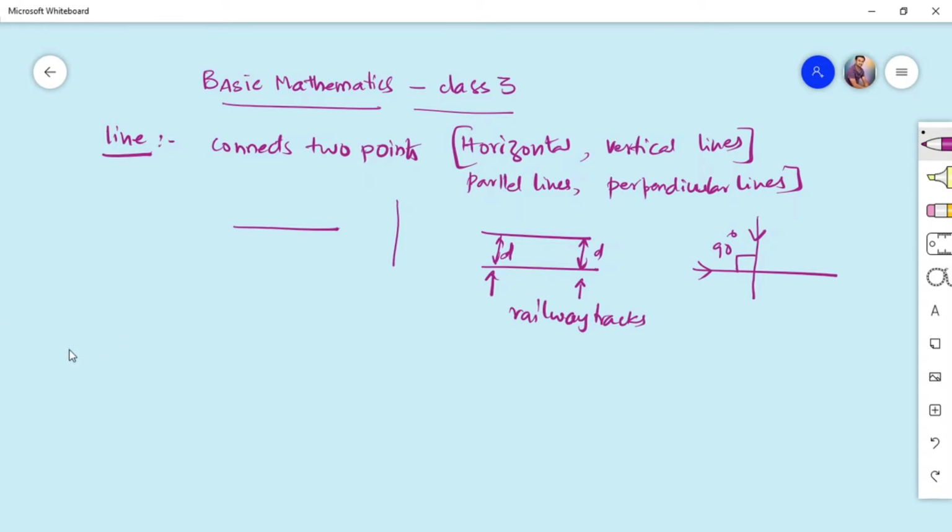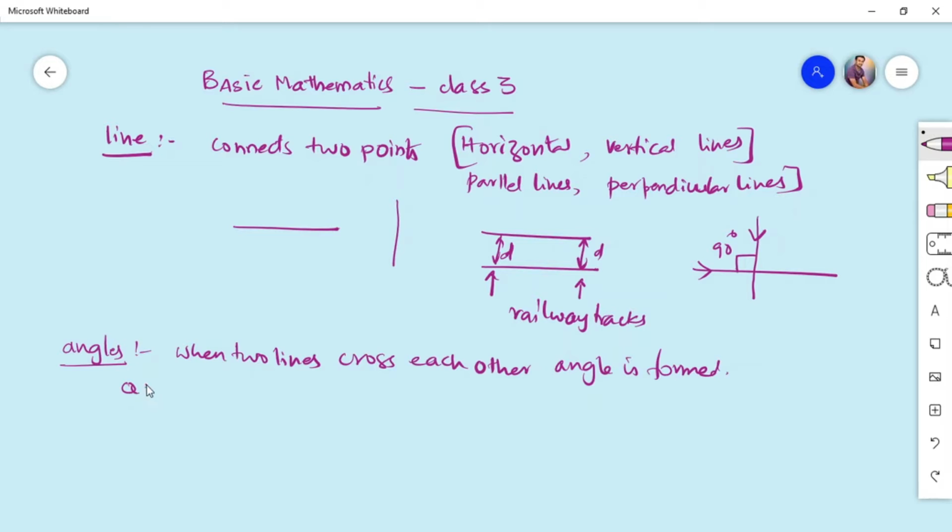And we have angles. What is an angle? When two lines cross each other, an angle is formed. So we have three types of angles.